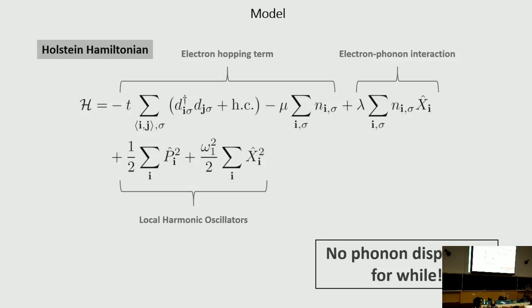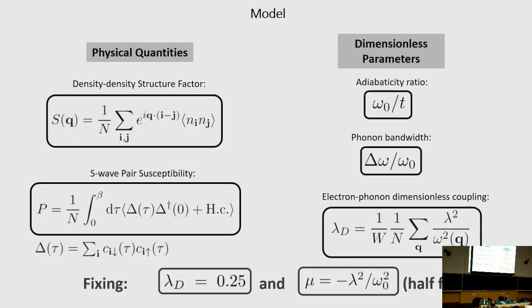Let's just discuss this part for a while. Here are some physical quantities that I'll measure. I'm interested in the density structure factor, which is related to the X-ray intensity, and the pair susceptibility that gives me the superconductivity. And these are some dimensionless parameters that I will not discuss here.